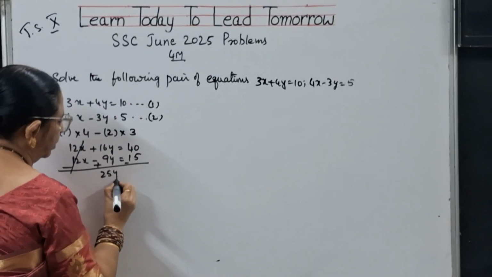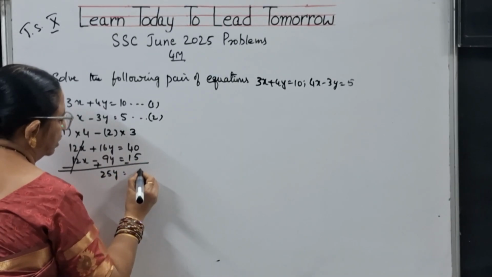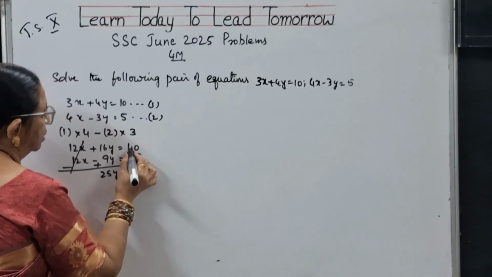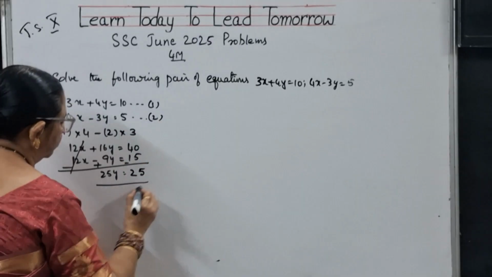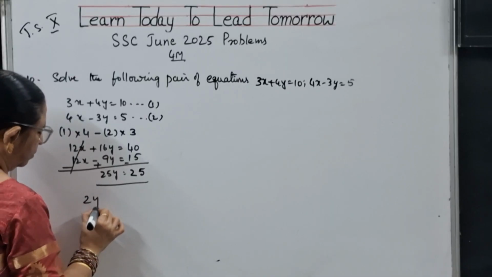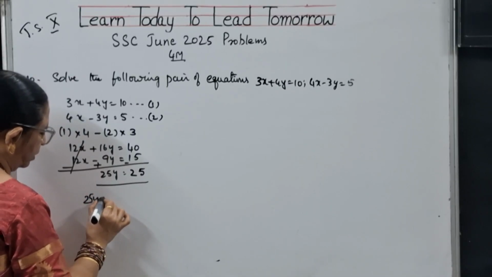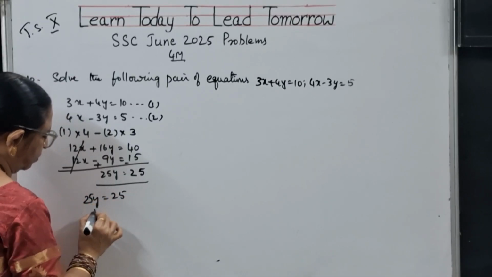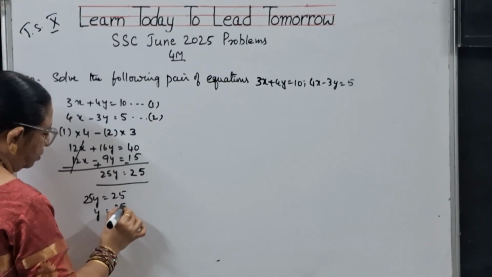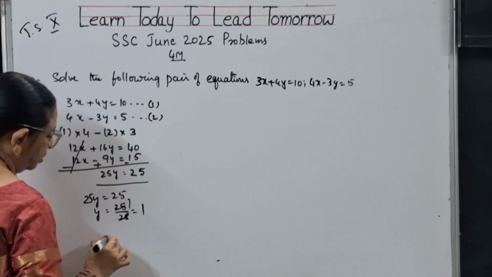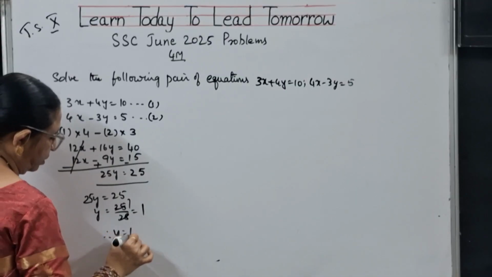This is 25y is equal to, see here it is 5, and 3 minus 1, 25 you are getting. 25y is equal to 25. So when 25y is equal to 25, y is equal to 25 by 25, that is 1. So we have got the y value as 1.